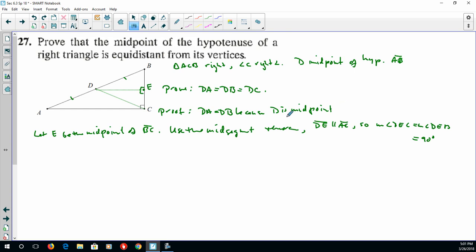BE is congruent to CE because E was the midpoint, and DE is congruent to itself because of the reflexive property. Okay, so what have I got here? I've got leg and leg. Hence, triangle DEC is congruent to triangle DEB.